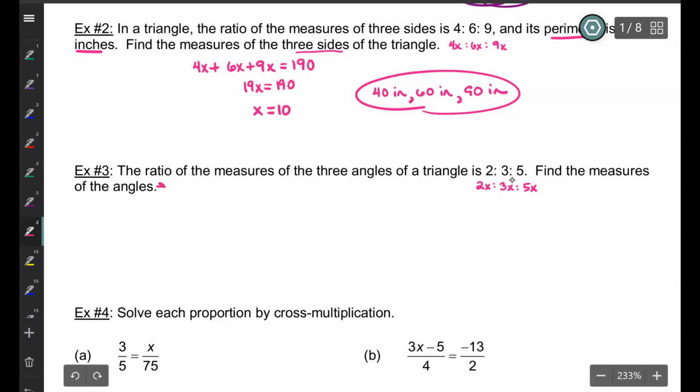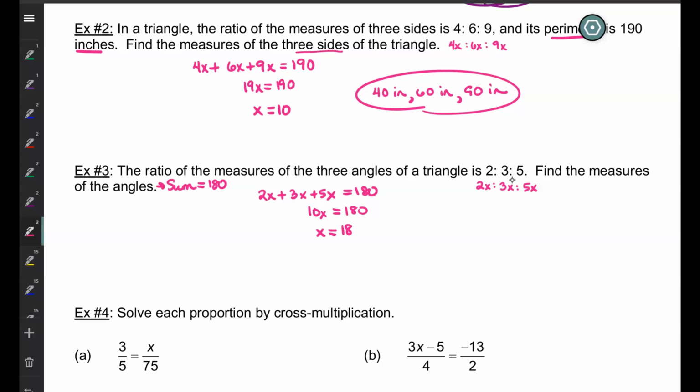We know that the sum must equal 180. So I'm going to take 2x plus 3x plus 5x, make that equal to 180. So there we get 10x. Divide both sides by 10. Again, nice easy one, we get 18.